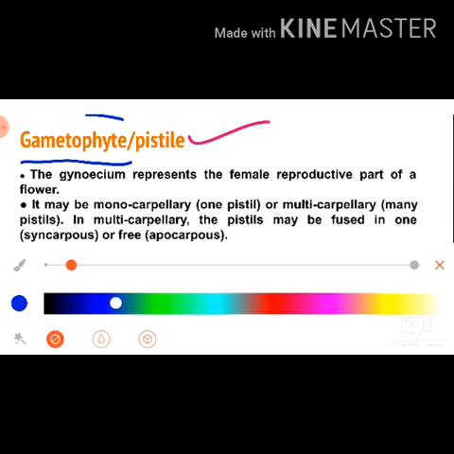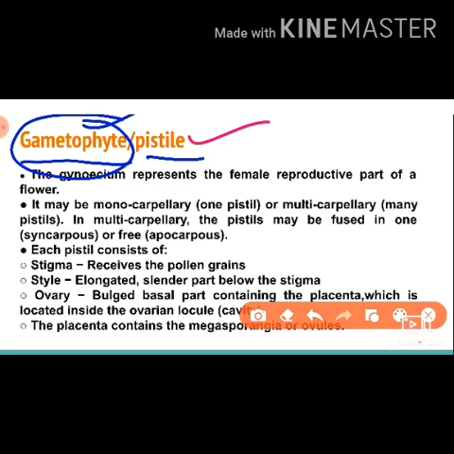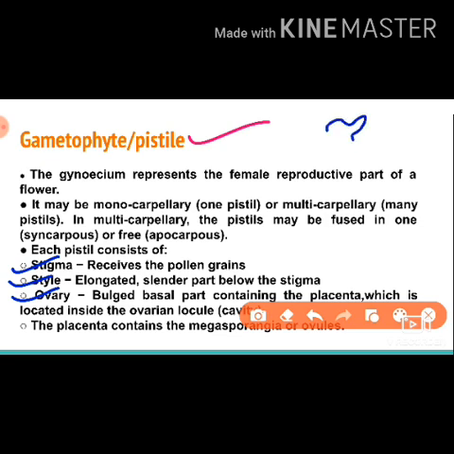Here this is also called the pistil. And this pistil usually contains mainly three parts: stigma, style and ovary.